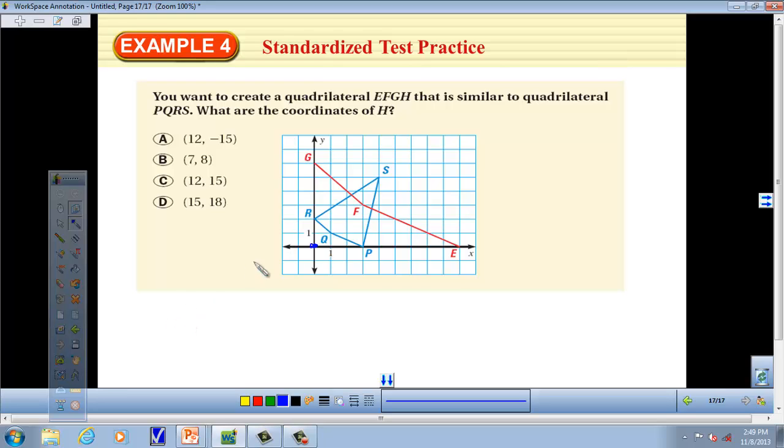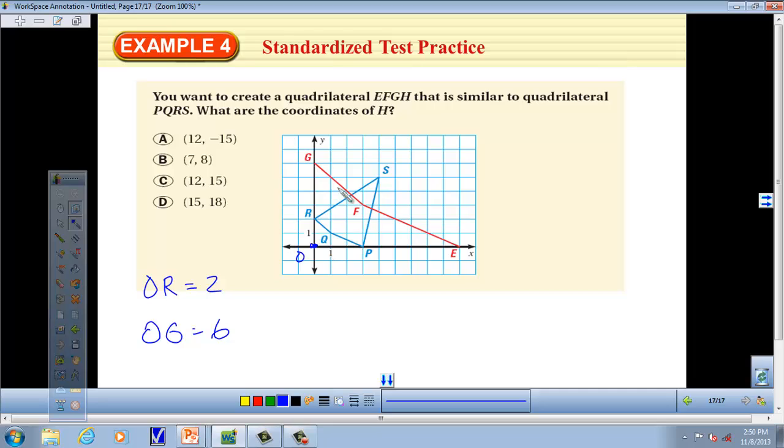So from 0 to R, the distance is 2, so let's call this O. So from O to R, the distance is 2, and from O to G, the distance is 6.